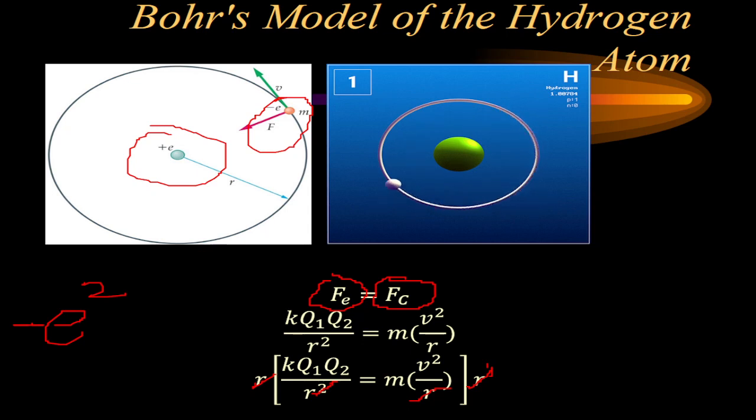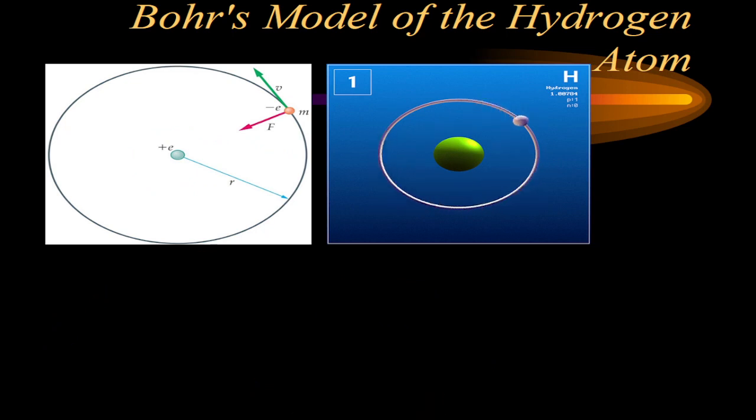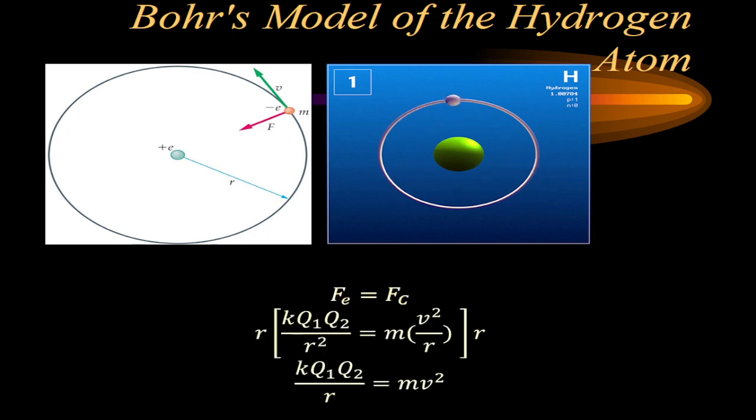So from this equation, we can solve for the velocity of the electron. Once we simplify, it's gonna be like this. We can solve for the velocity right here by dividing both sides by m.